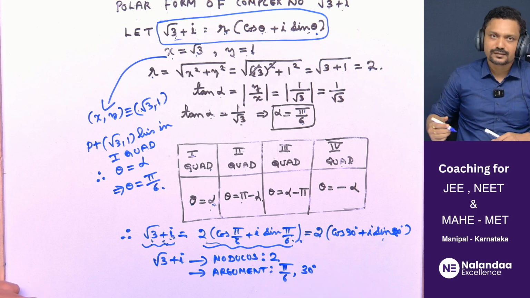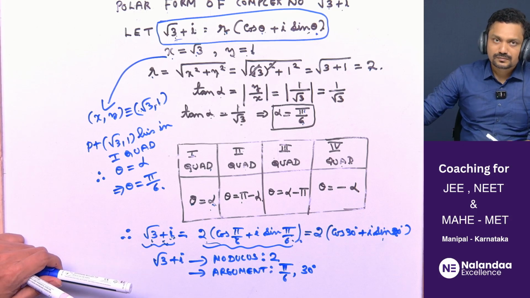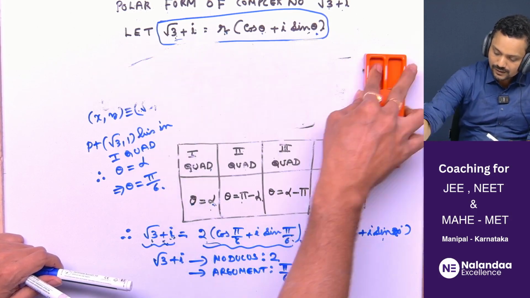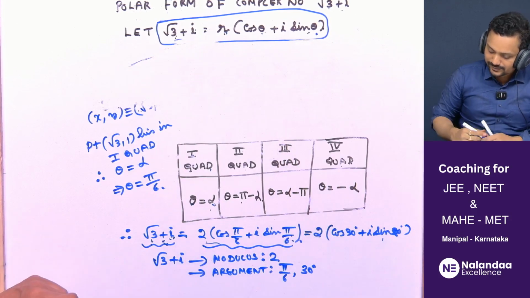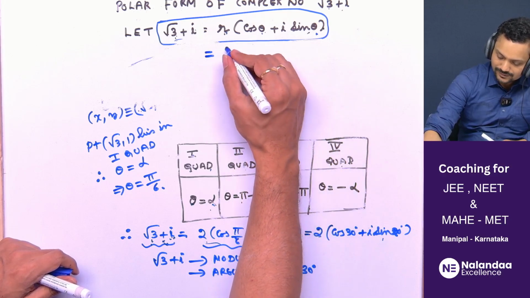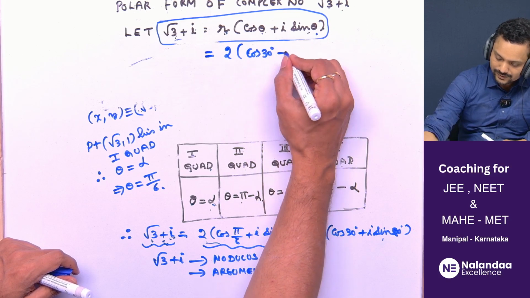Or you can also say 30 degrees is the argument. And students, one thing you have to know is very simple: the polar form of this complex number is 2 into cos 30 plus i sin 30.